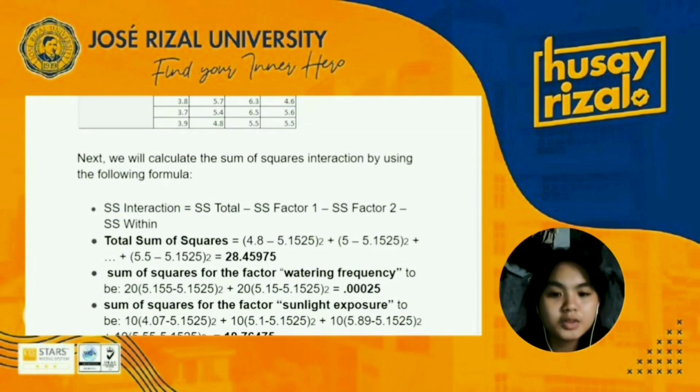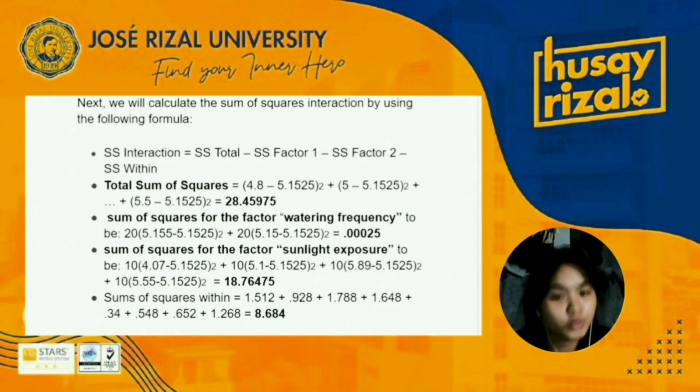28.45975. Sum of squares for the factor watering frequency is 20(5.155 minus 5.1525) plus 20(5.15 minus 5.1525), which is equal to 0.0025.